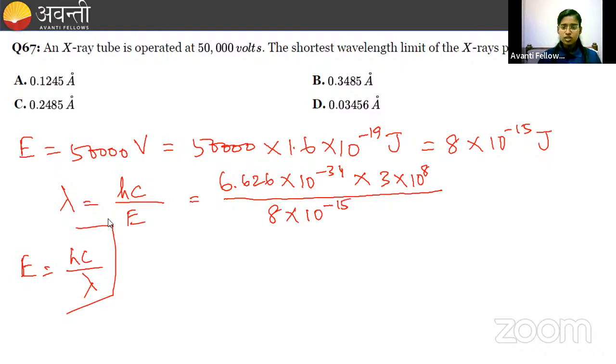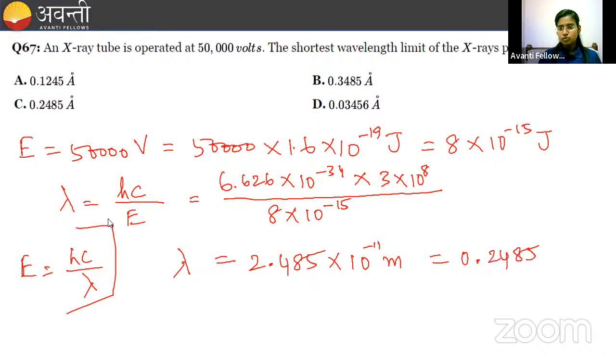Okay. So which is equal to 2.485 into 10 to the power minus 11 meter, which is actually equal to 0.2485 angstrom. Okay. So option C is the correct answer for this question.